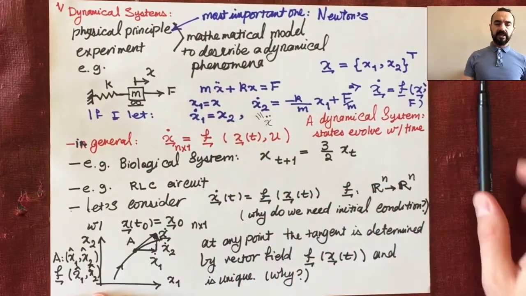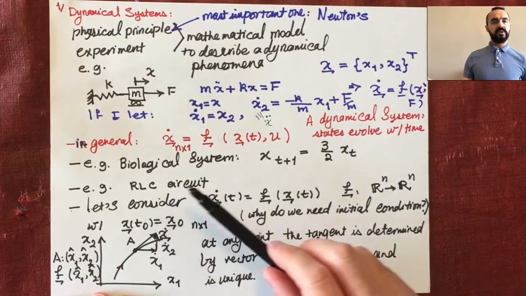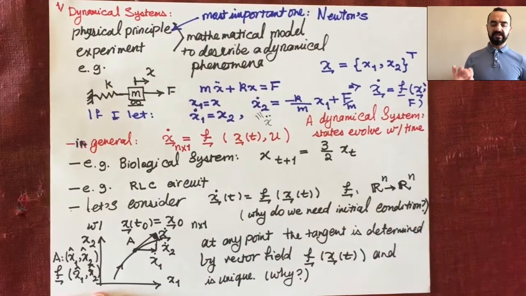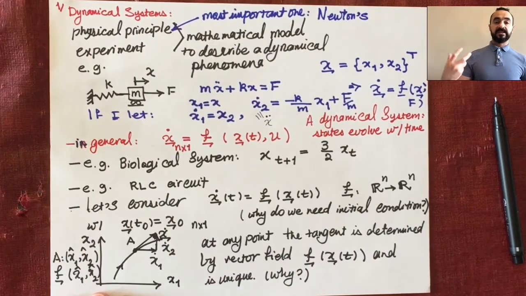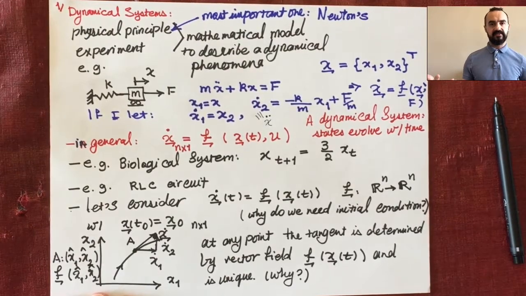And as I said, a dynamical system also could be a biological system, but the difference is, pay very close attention here, that the state varies with time. But the way we describe that change with time is not necessarily the differential equation.